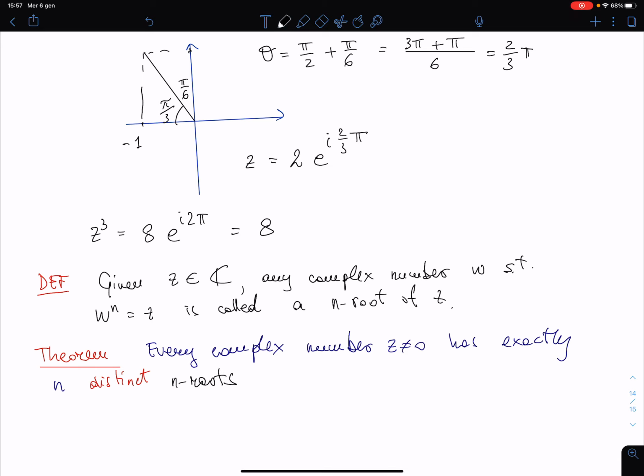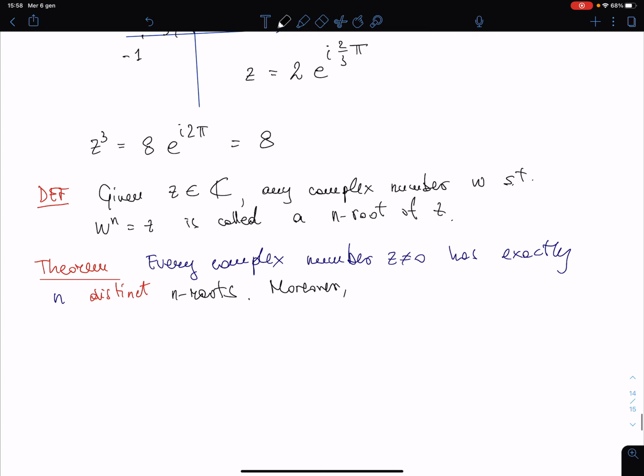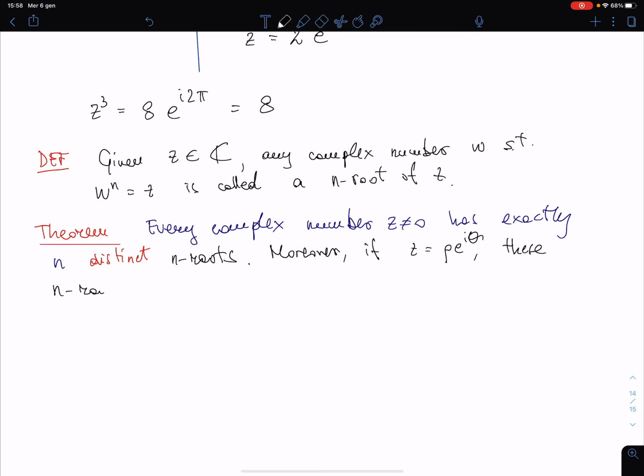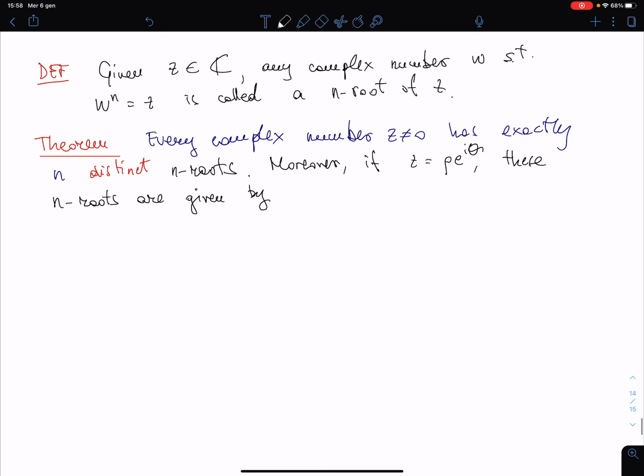Okay, and moreover, if z is rho e to the i theta, then these n roots are given by z_k, the k-th n-th root, which is the n-th real root of rho, and then e to the i theta over n plus 2 pi over n k, with k equal to 0, 1, up to n minus 1.